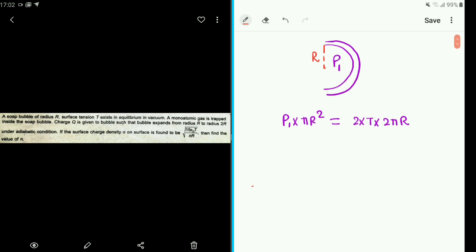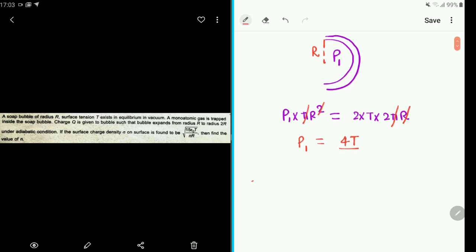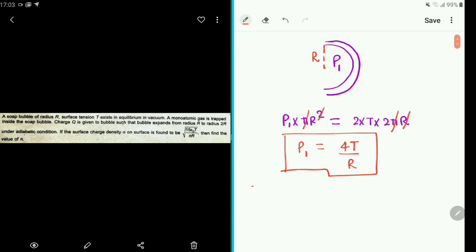That can be written as 2 into T into 2 pi r. So we'll get the value of P1 here. P1 comes out to be 4T by R. So we have got the value of P1 in terms of surface tension.